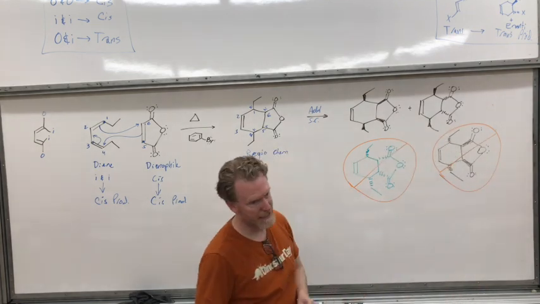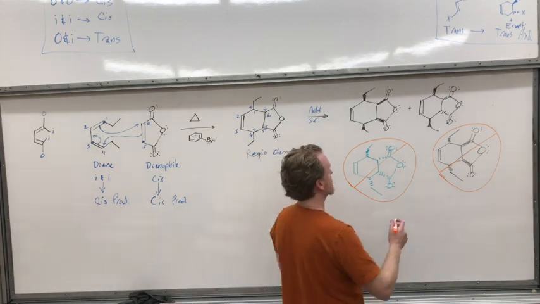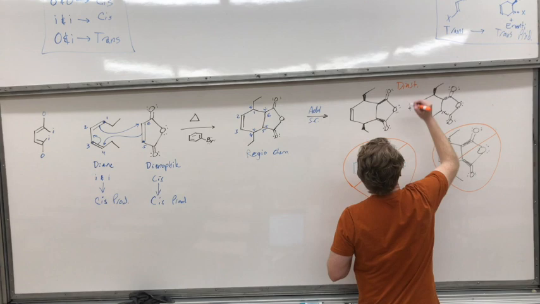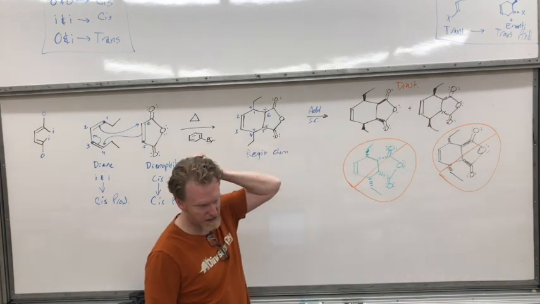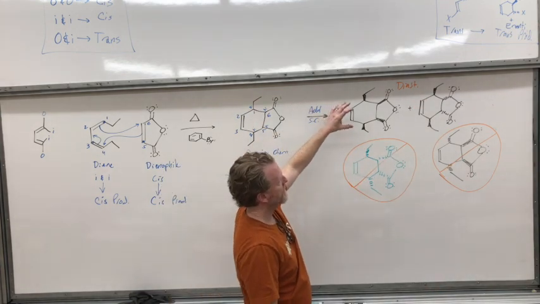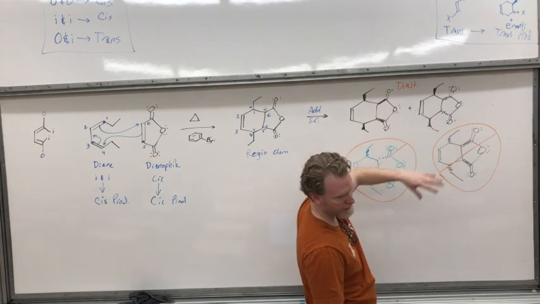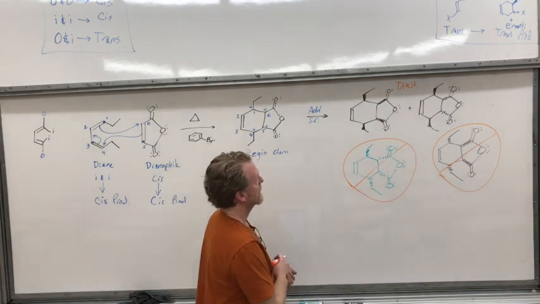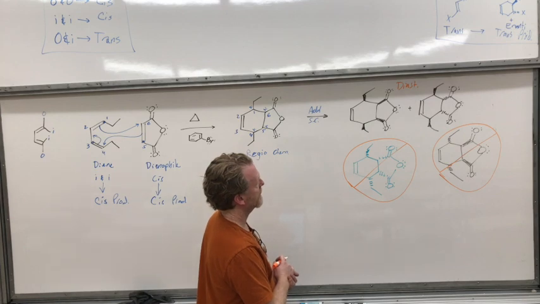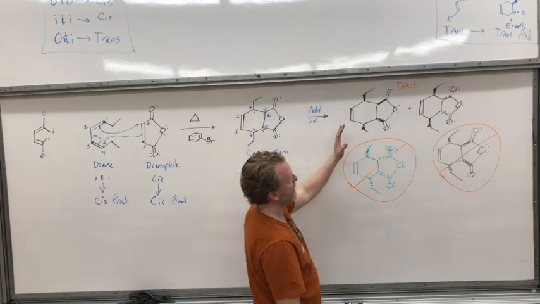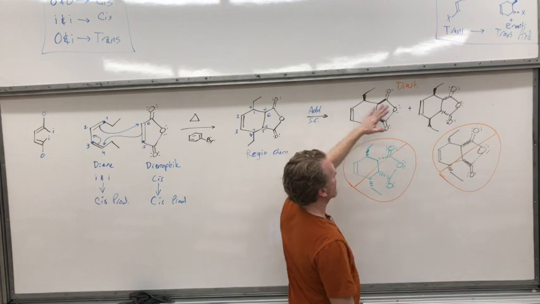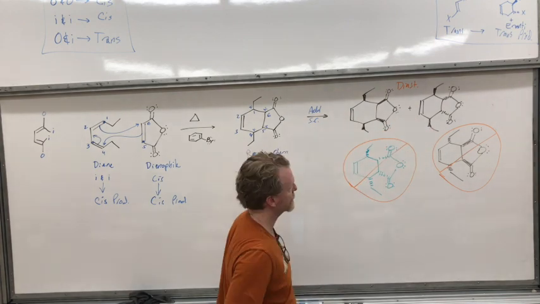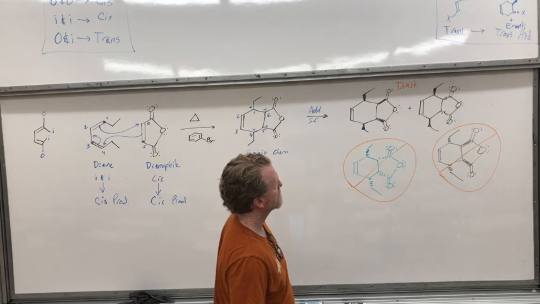And how are they related? They're diastereomers. They're diastereomers because they're not mirror images, but they have the same molecular formula, same connectivity. Okay, and if you work out their Cahn-Ingold-Prelog R and S, you can see that they're not all completely opposite of each other.